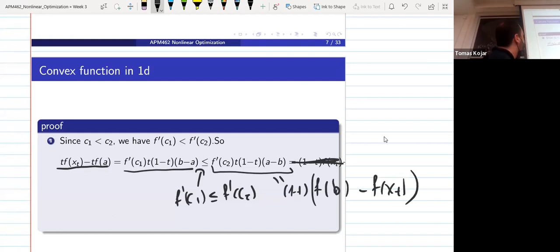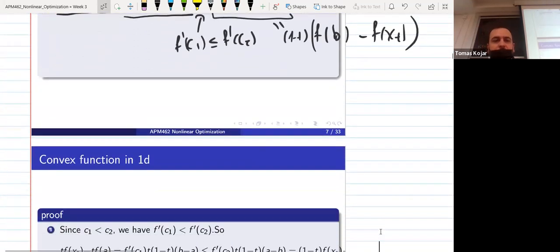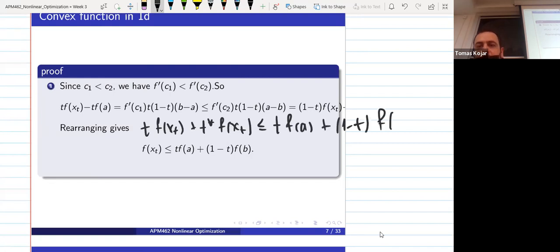Anyway, once you rearrange, let me rearrange it for you. So we have t f of xt plus (1 minus t) f of xt is less than t f of a plus (1 minus t) f of b. And the left side is just f of xt.